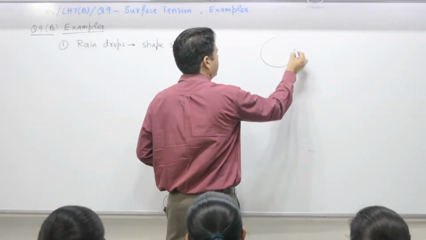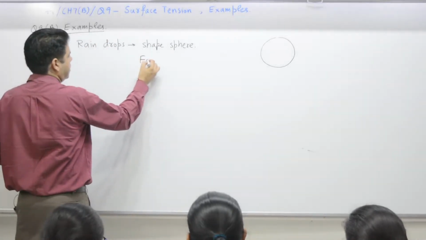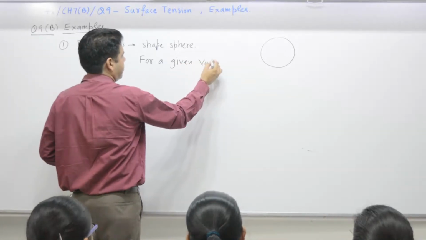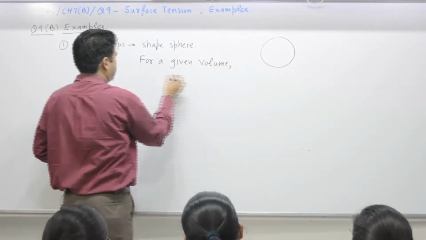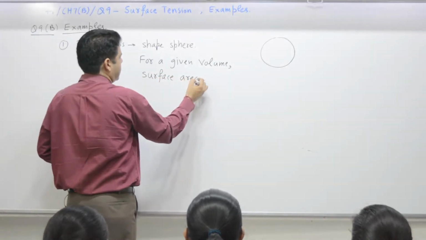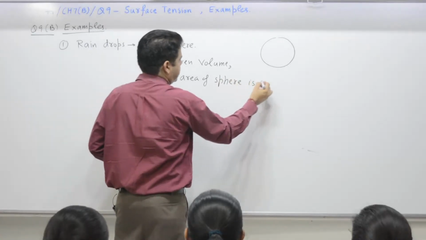For a given volume, the surface area of a sphere is minimum.